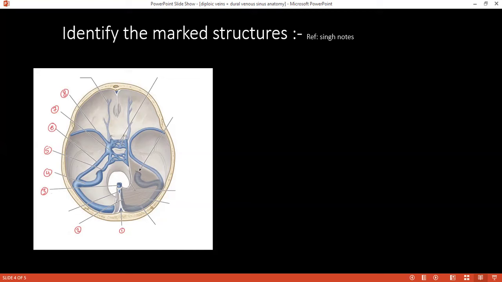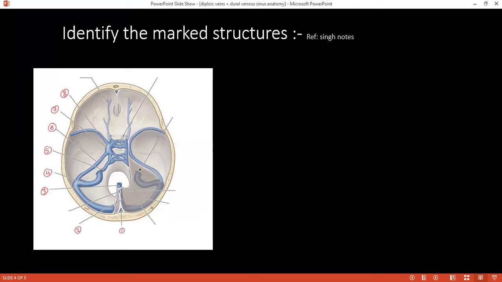Can you tell me the course of the cerebrospinal fluid from the lateral ventricles? Okay, we have two lateral ventricles. Then it passes through the interventricular foramen of Monro, then into the third ventricle.